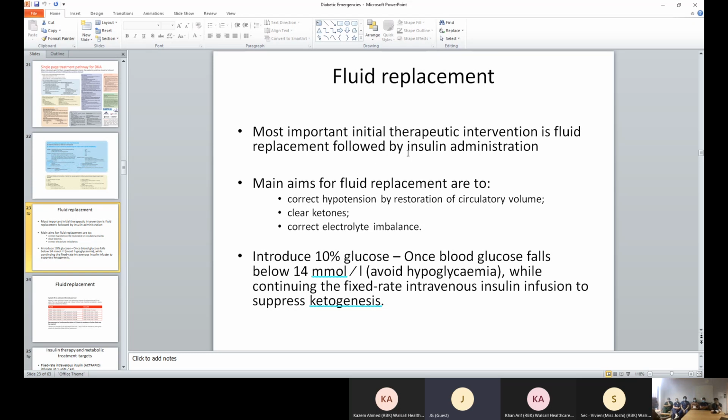The aim of fluid replacement is, obviously, restoring the volume. When you are restoring the volume, you are flushing the kidneys, so the ketones will be cleared, and you are simultaneously correcting the electrolyte imbalance. I'll come to that later.